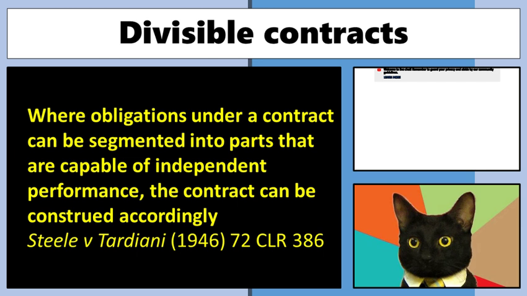Steele and Tardiani involved the purchasing of fence posts, a whole bunch of fence posts. We're going to buy 10,000 fence posts, and we're going to pay $10,000 for those 10,000 fence posts. Oh look, they only delivered us 8,000. What's an appropriate amount to pay? It was 800 or 8,000, I've actually forgotten already.